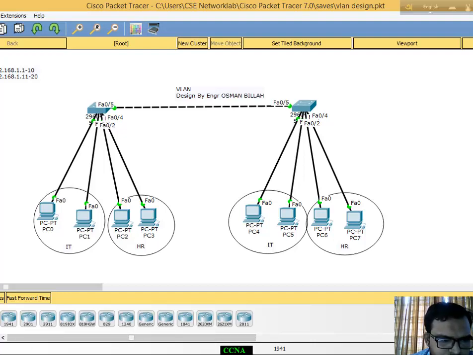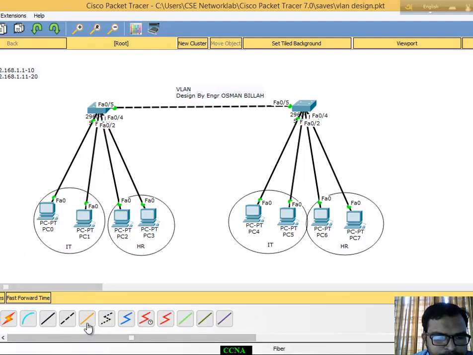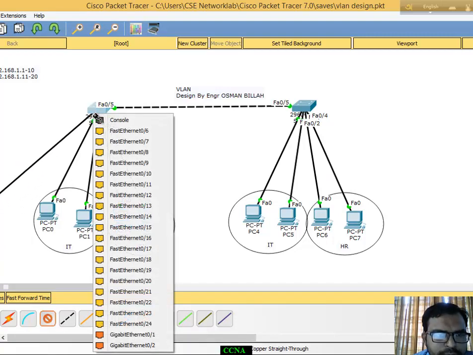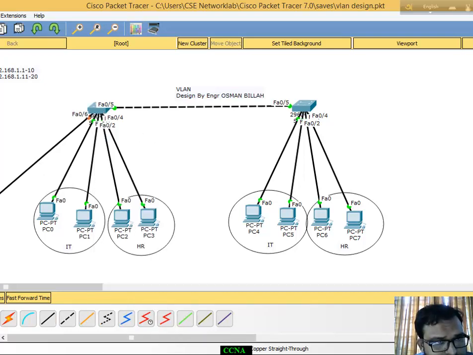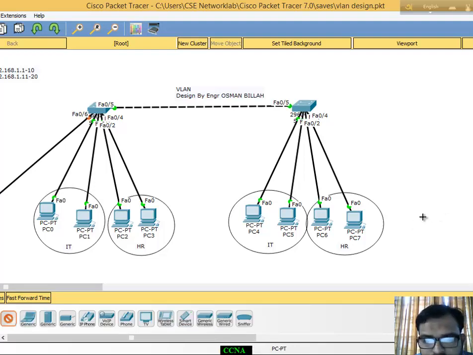Okay, now we can do PC. This is the VLAN for VLAN 10, which is called marketing, and the other PC is fine for sales.